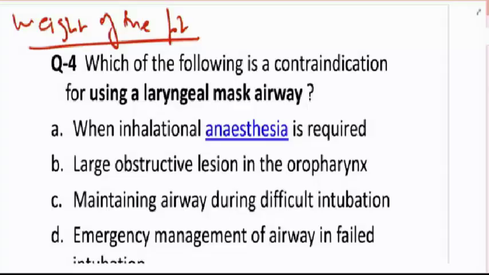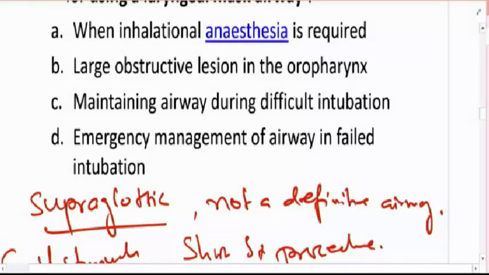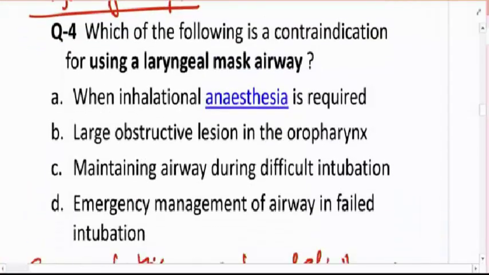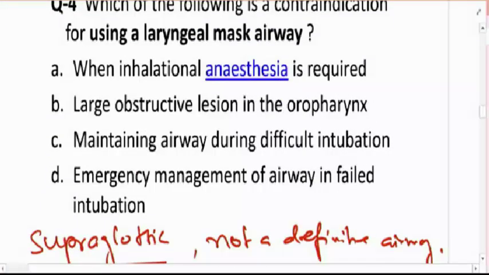Maintaining airway during difficult intubation, again it is used in the difficult intubation algorithm. And emergency management of airway in failed intubation, it is again a device which is used in difficult airway or in failed intubation. So, the answer to question number 4 is B, large obstructive lesion in oropharynx.